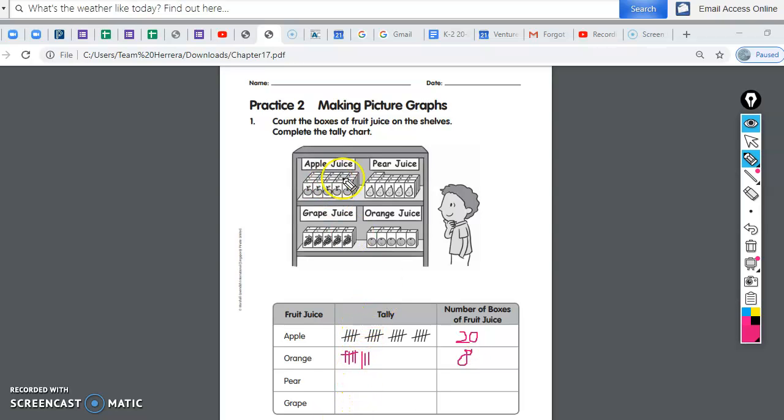Okay, let's look at our pear. So we have 1 set of tally marks for our front row for 5. So again, you can kind of see I'm using slightly different strategies. You do what works best for you, okay? And then I have another row of 5.